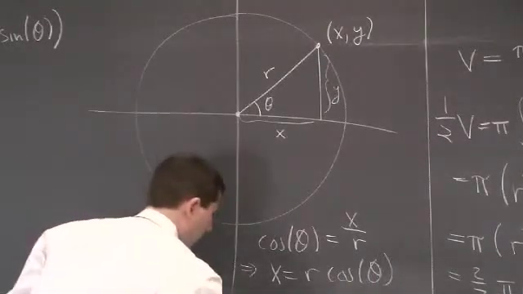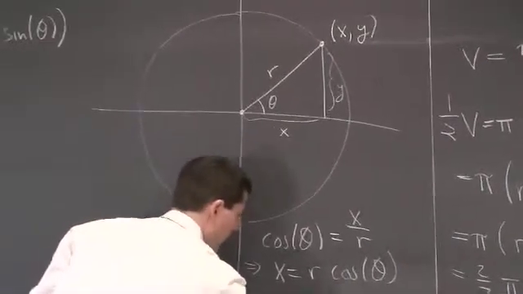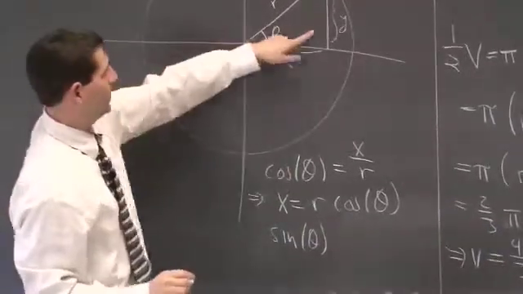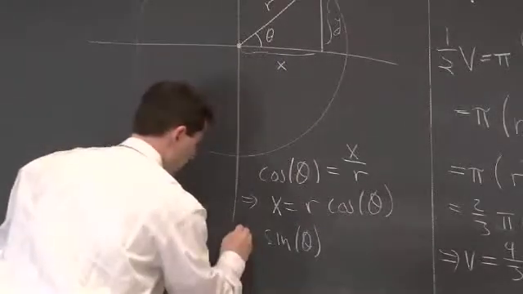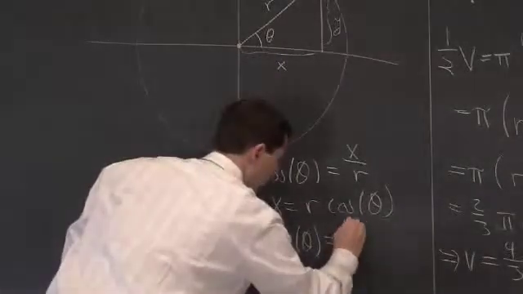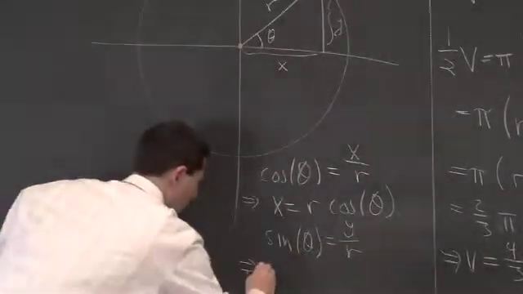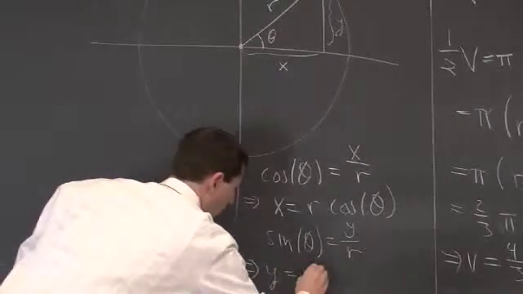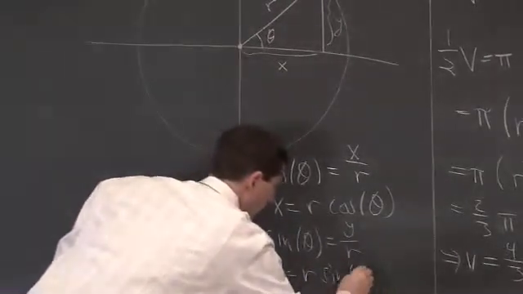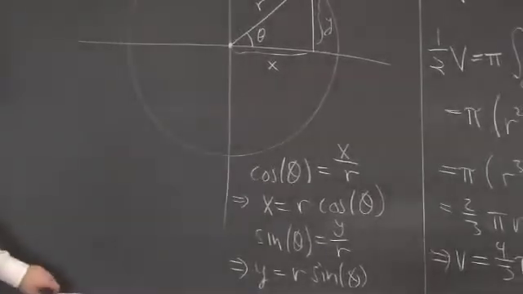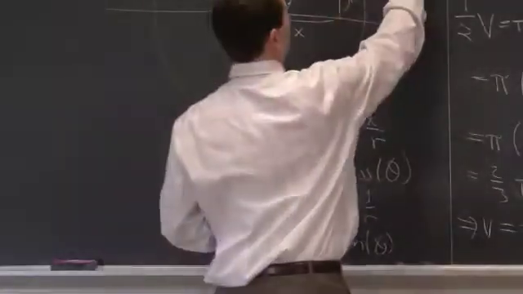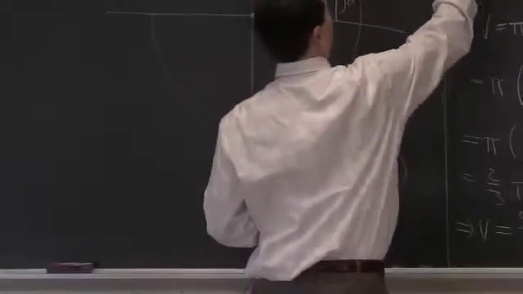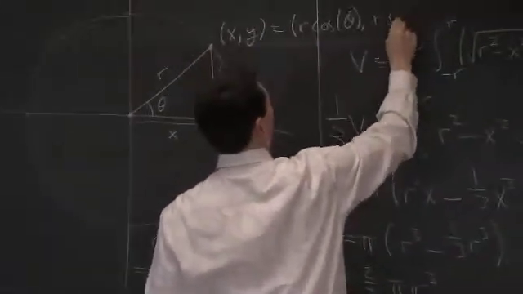And similarly, well, sine of theta is y over r, so I can solve for y. So y equals r sine of theta. And so I can now write this as r cosine of theta, r sine of theta.